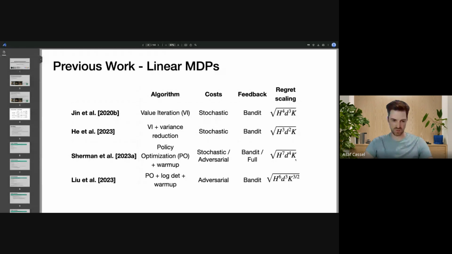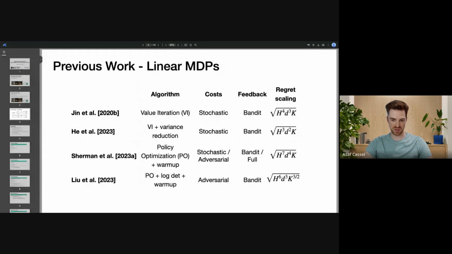K is the number of episodes. And finally, I'll mention a work by Luo et al., which studied the hardest case where you have adversarial bandit feedback. And here, at least efficiently, we still don't know how to achieve square root of K regret. We can only get this K to the 3/4 regret. Sorry for the weird notation.